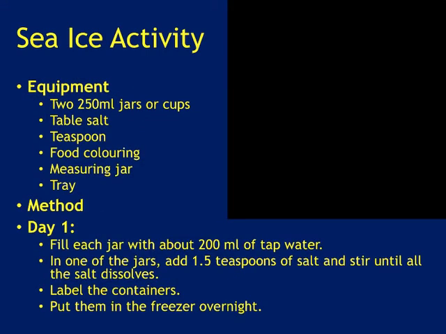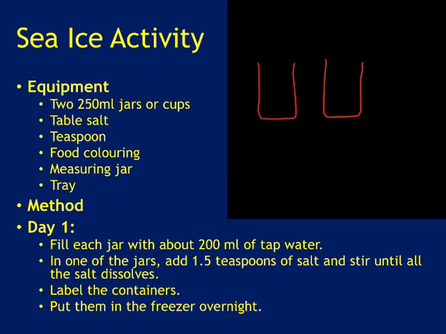Now, in terms of your equipment, ideally plastic cups. If you have completely disposable plastic cups, then they are the best ones because you can cut those cups and take out the ice. But essentially you just need 2 cups, and they should really be plastic.